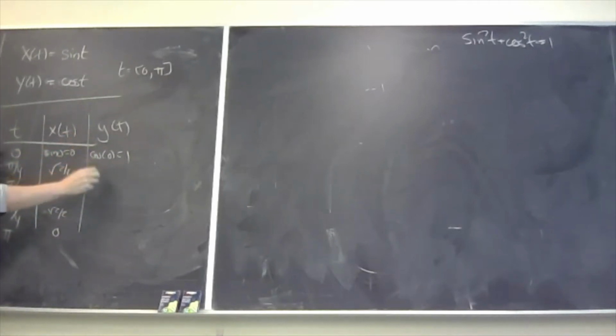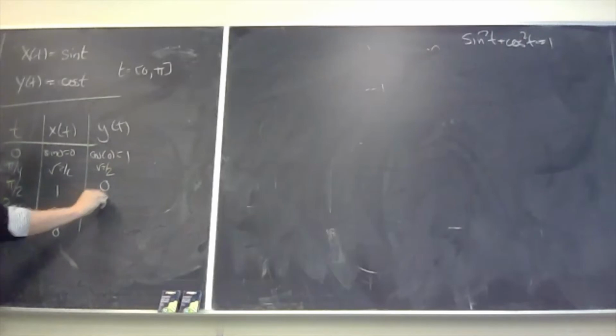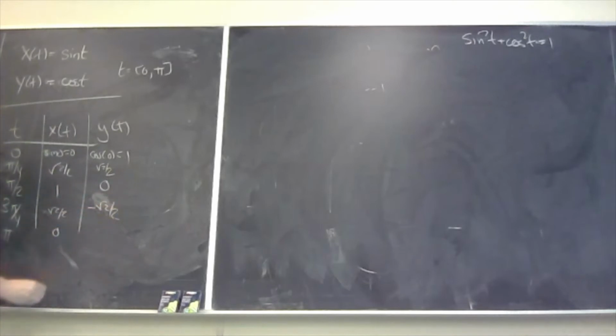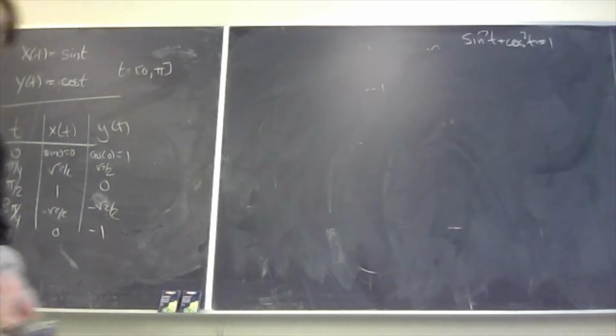Cosine of 0 is 1. Cosine of pi over 4 is root 2 over 2. Cosine of pi over 2 is 0. Cosine of 3 pi over 4 is minus root 2 over 2. Don't mess that up or you're going to get out the wrong shape. Cosine of pi is minus 1. Good. All right. I heard people say negative, but I didn't hear the one.